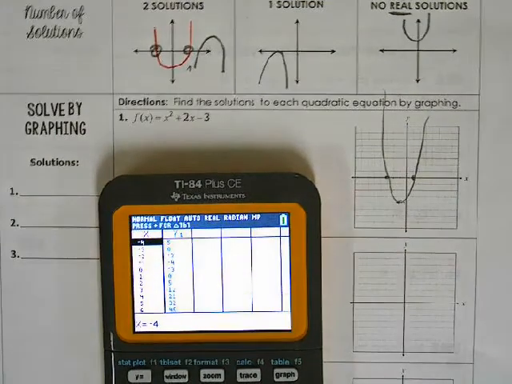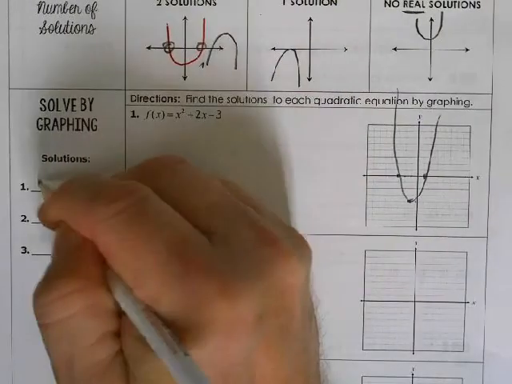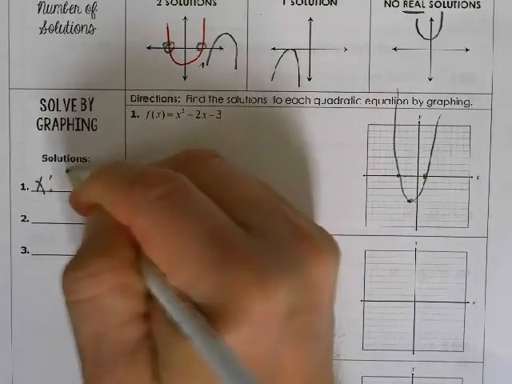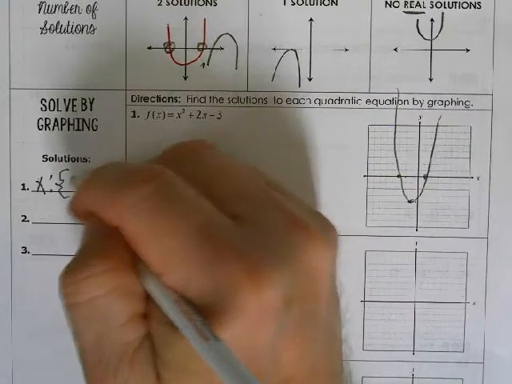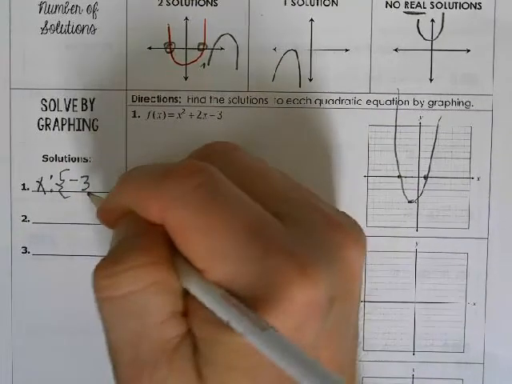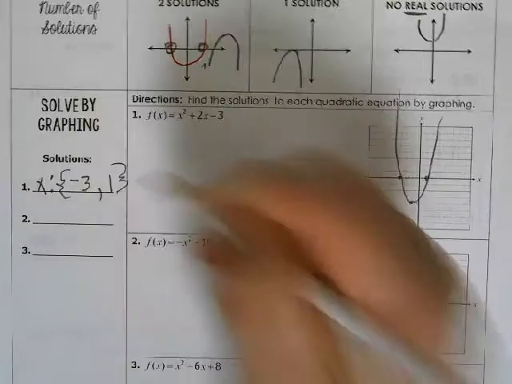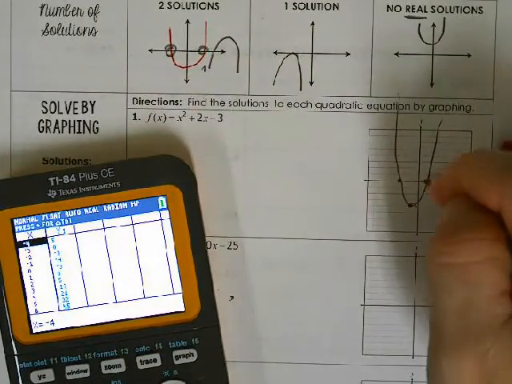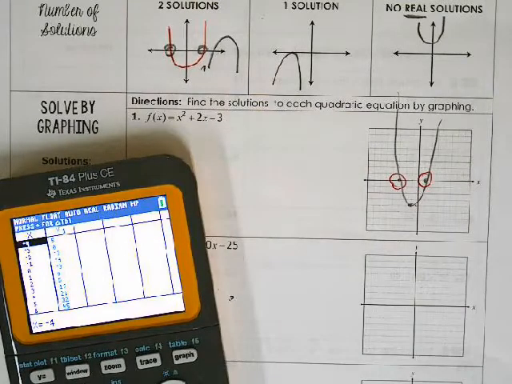So the solution here for this is, and I guess we have a space to write it over here, x is the set of all x's such that x is equal to either -3 or +1. Okay? Does everybody understand how to solve these by graph? Pretty basic, right?